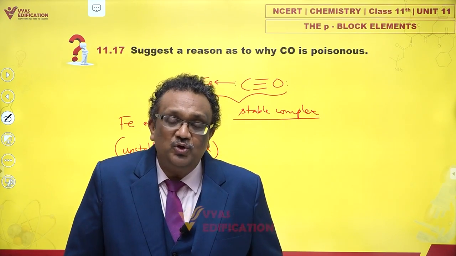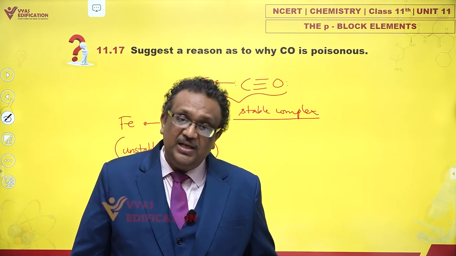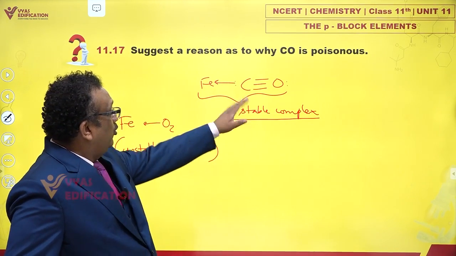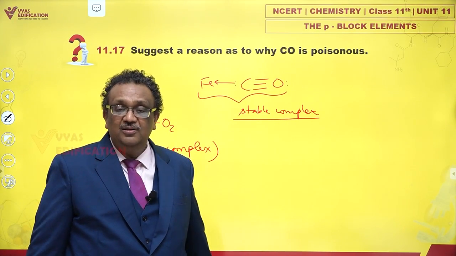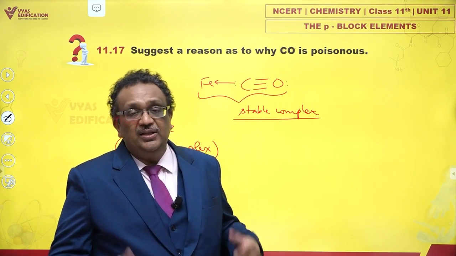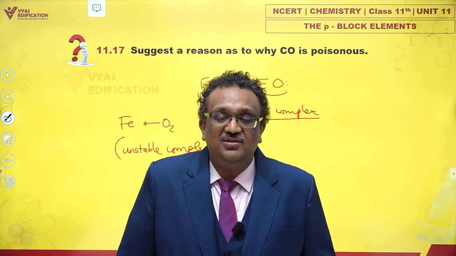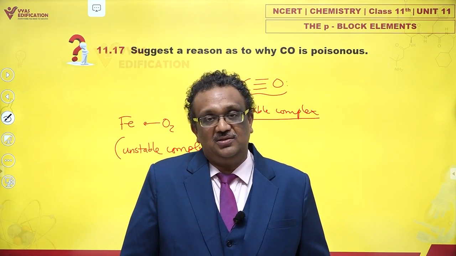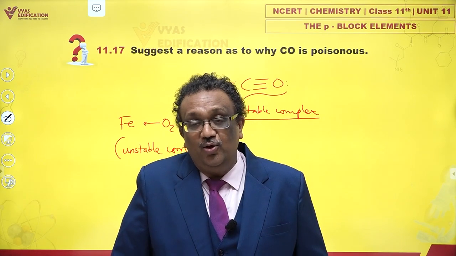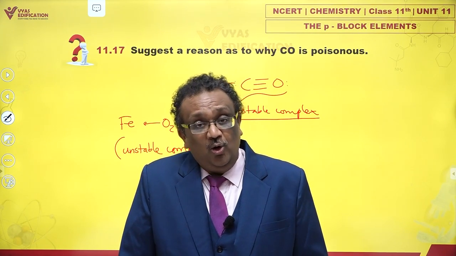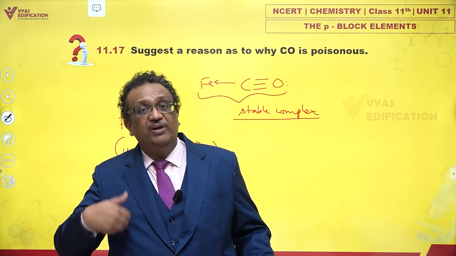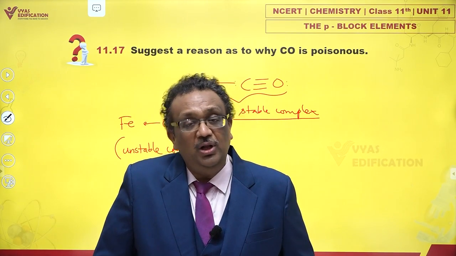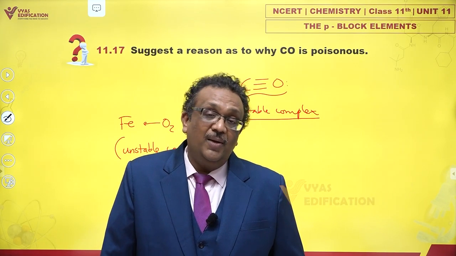But iron was supposed to carry oxygen. As long as carbon monoxide is sitting there, iron cannot carry any oxygen. That hemoglobin molecule is now a waste. It is junk. It is useless, because you cannot instantaneously generate hemoglobin molecules. The body takes significant time in generating hemoglobin molecules. What happens?